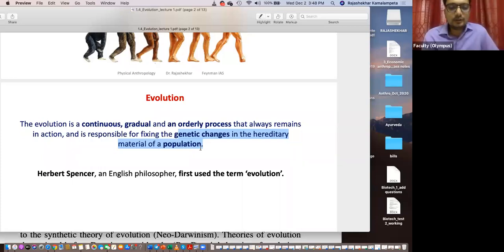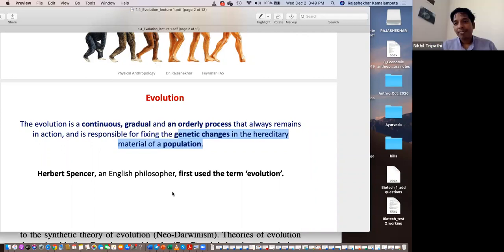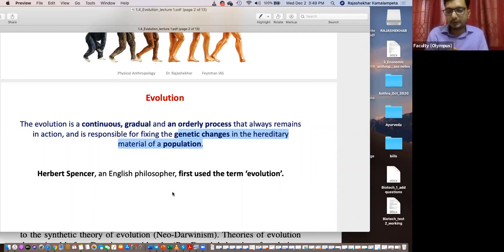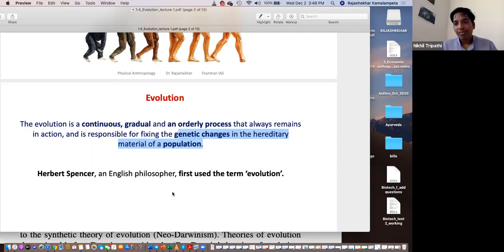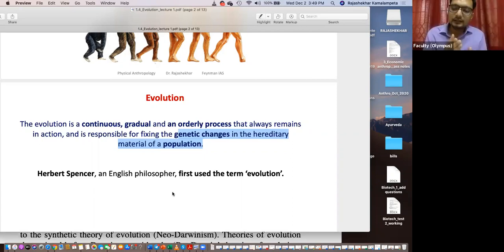Exactly. So here we're talking about those things that are responsible for fixing changes in the DNA. That involves the environment, that involves many other components. But at the end of the day, changes have to happen in DNA. Only then do you start seeing changes happening in that species. So ultimately, they all have to affect the DNA. Correct?